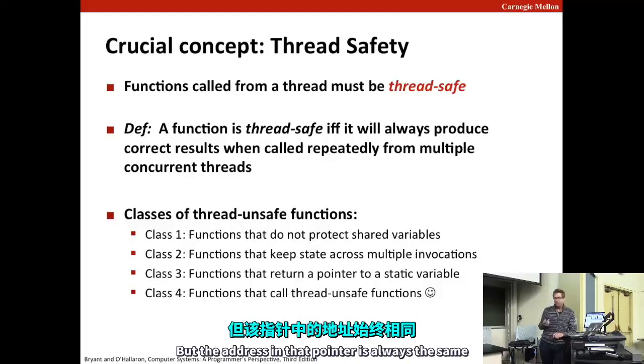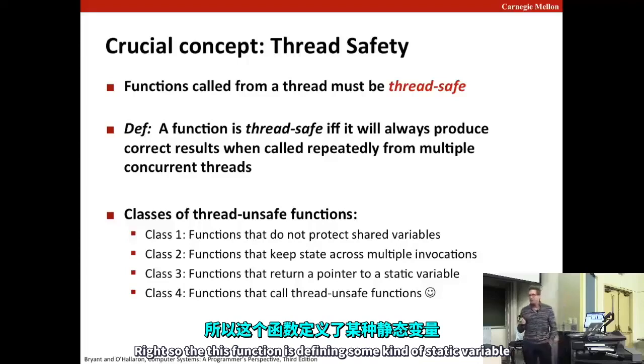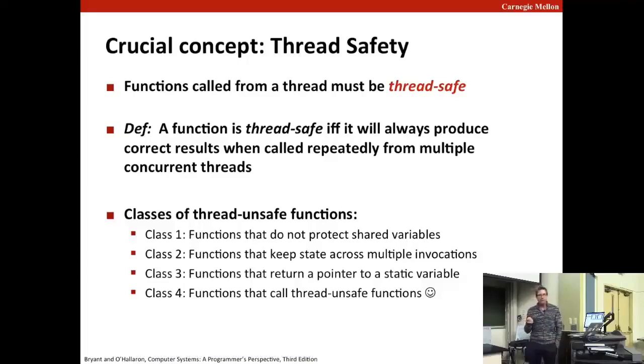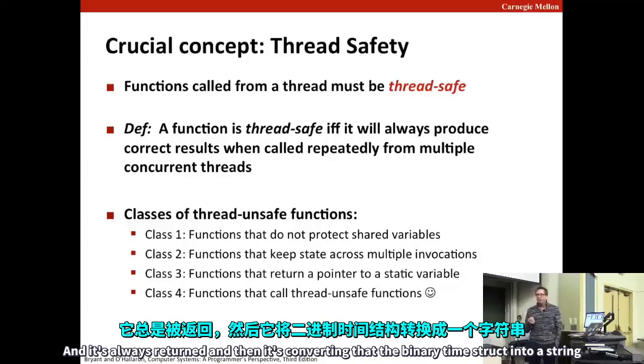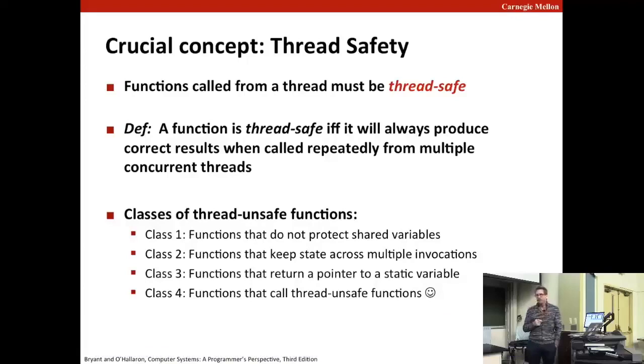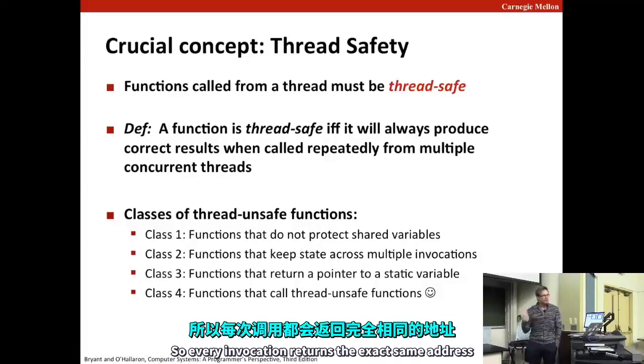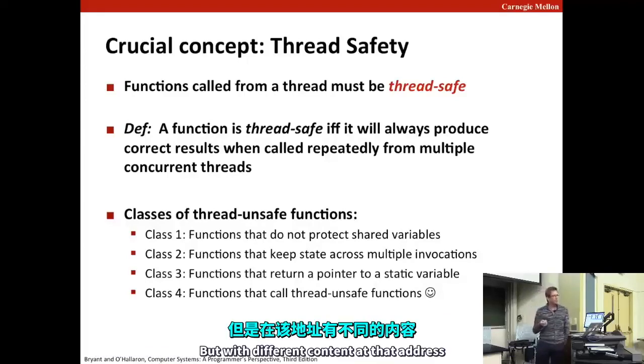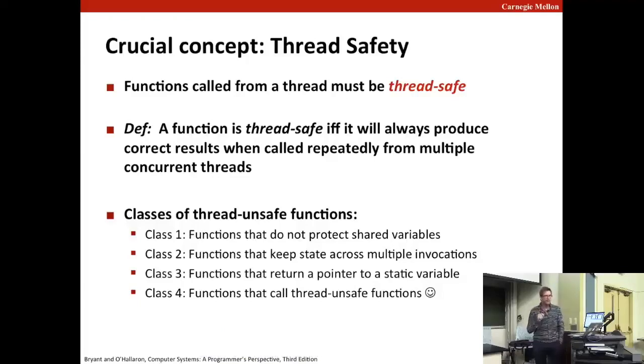But the address in that pointer is always the same, right? This function defines some kind of static variable, converts the binary time struct into a string always at the same location, and returns the address of that string. So every invocation returns the exact same address, but with different content at that address.